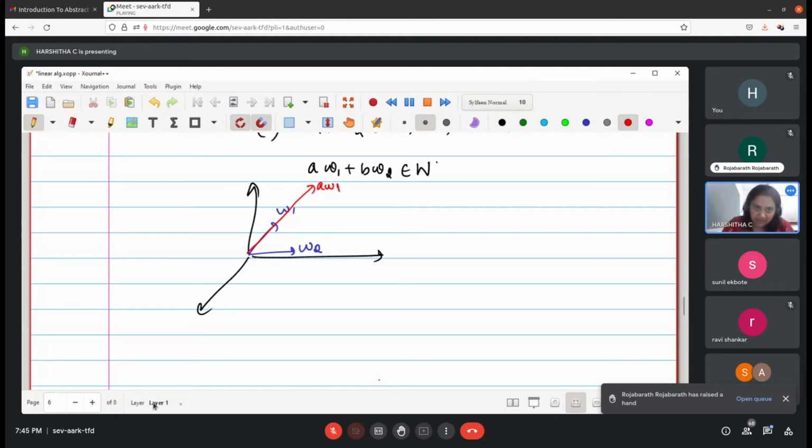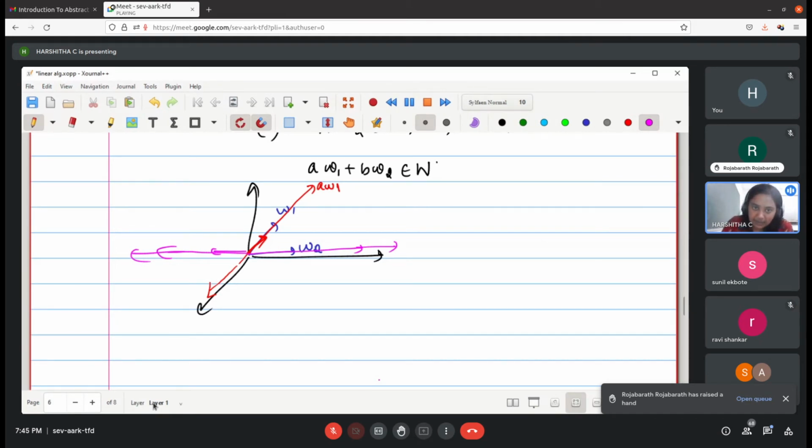It could be in the same direction longer, or shorter, or in the opposite direction. Any of these, for all the possible rescalings. And when we say b times W2, it is again the same thing, depending on what your value of b is. Now we are saying that a times W1 plus b times W2 should belong to W.